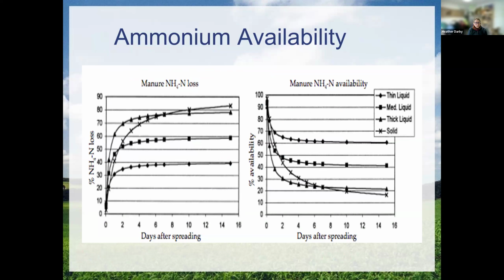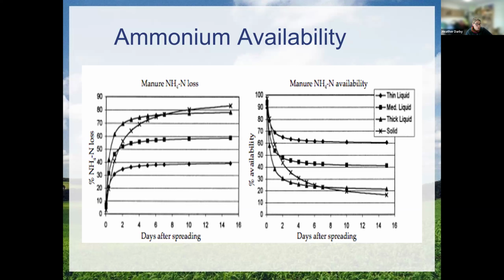The availability of the urea N, the ammonium N, is dependent on incorporation. It really is. So here's days after spreading and ammonium loss versus ammonium availability. The longer you wait to incorporate, if you can. If you're on a hayfield, it doesn't matter.